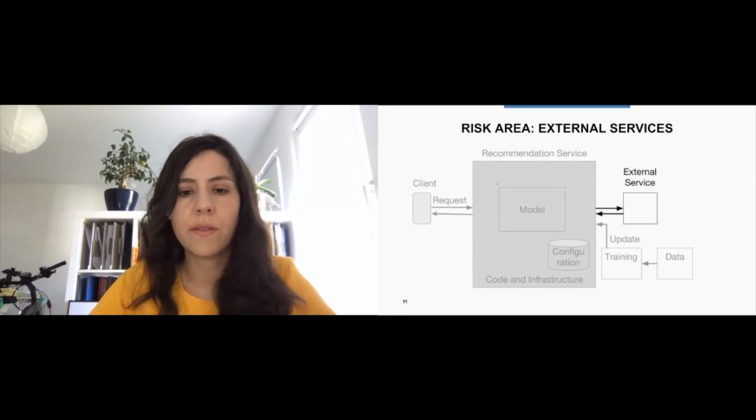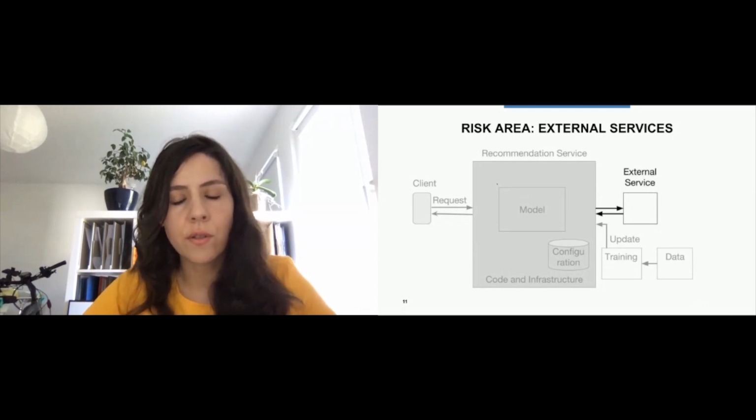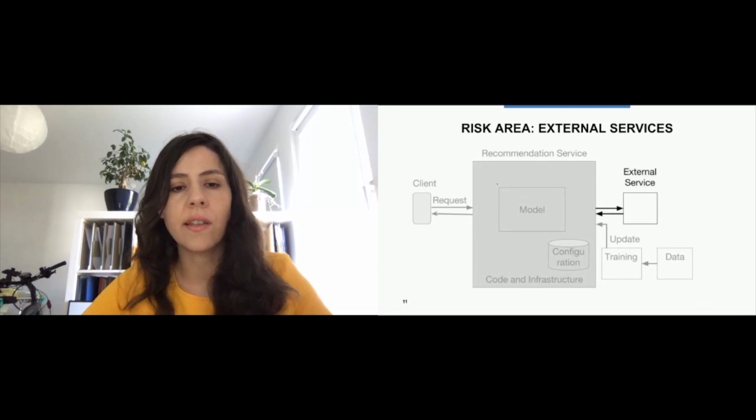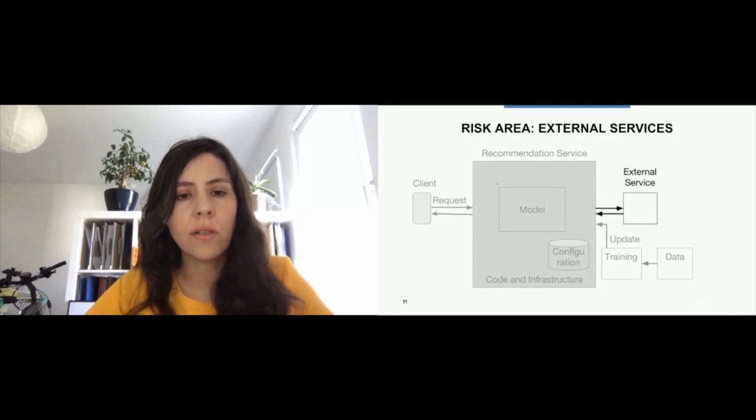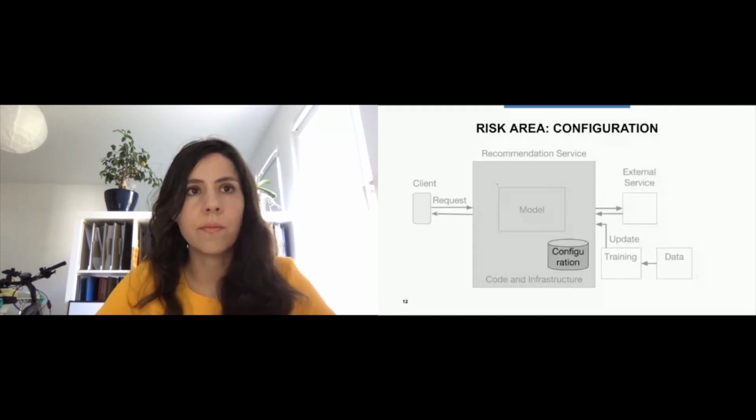So you also want to see if one of your dependencies that you call maybe leads to you having worse performance. And last but not least, configuration can also cause issues. So I call this configuration. This is anything that either applies to the model, so model configuration, or these business rules. For example, you want to say you don't want to show discounted articles or only articles with a certain availability. You can have corresponding rules in your domain.